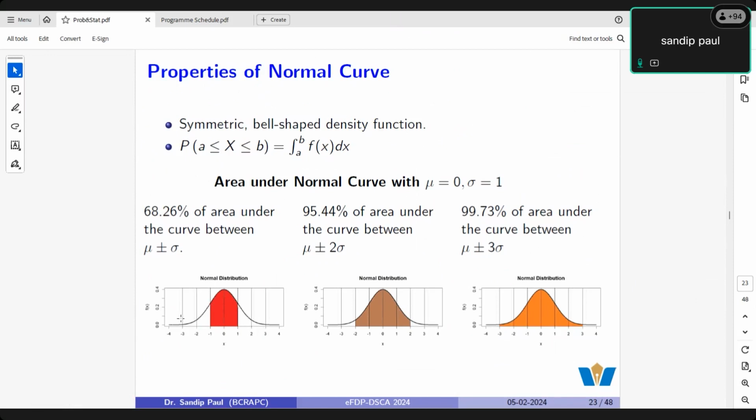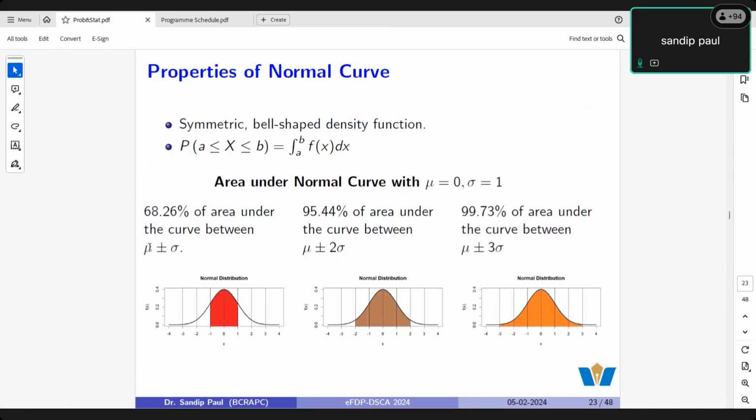The entire area can be considered as 100%, and 68% lies between -1 and 1. In other words, the probability under the whole curve is 1 and the probability between these two values is 0.6826.